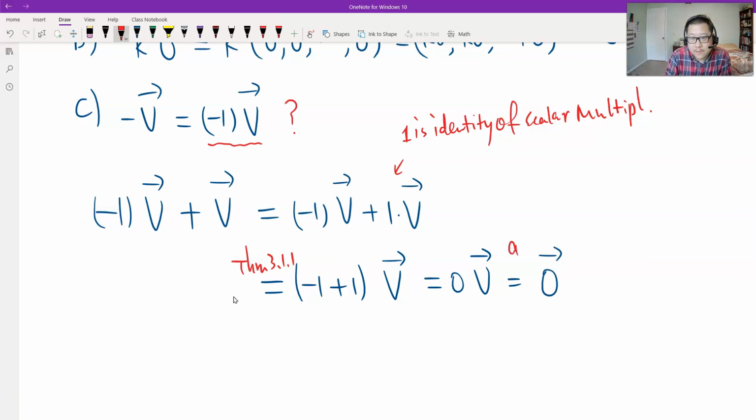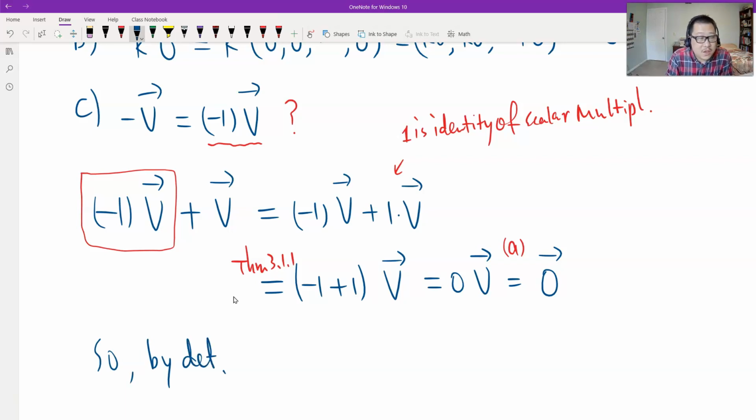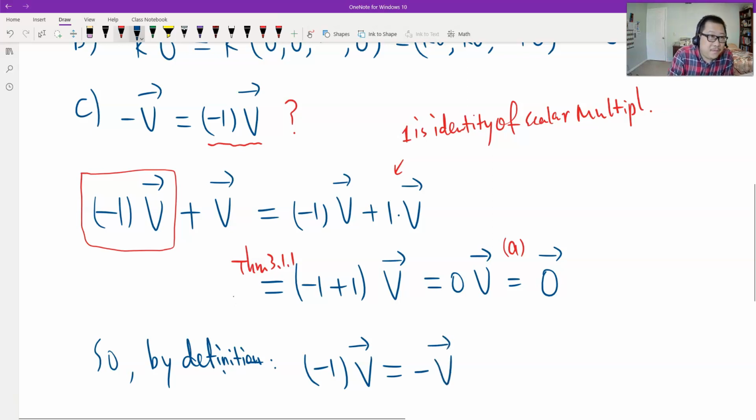So this term should be the inverse of v. By definition, -1 times v equals the inverse, the negative vector. That's all. Thank you.